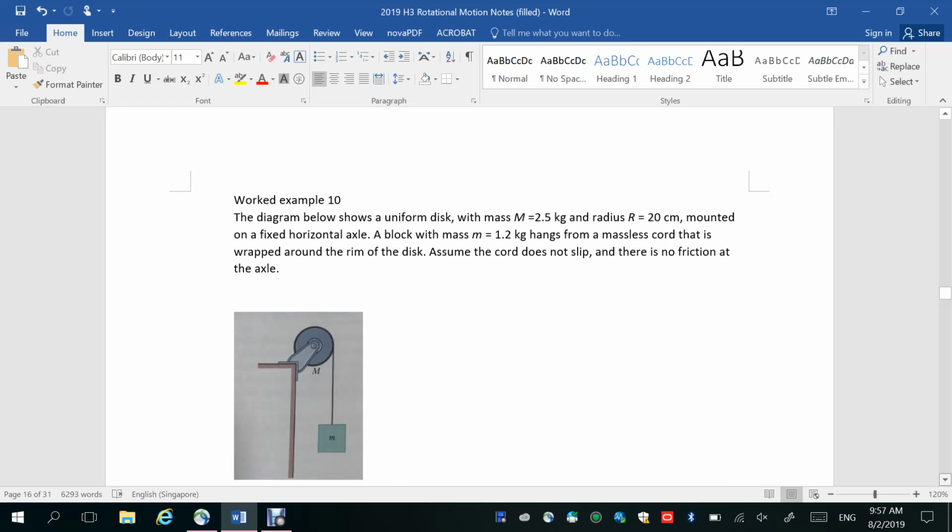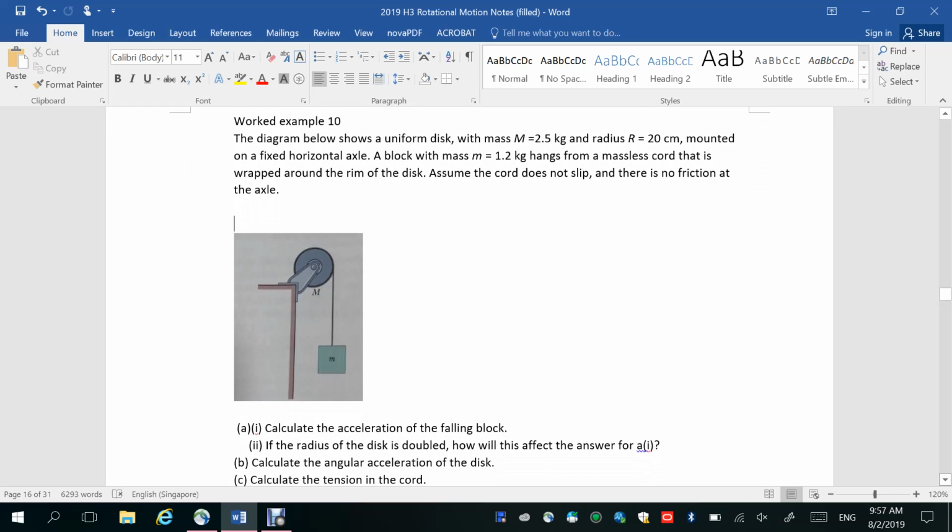So for this question, you can draw a free body diagram like what you have done in H2 physics. But the only thing different here is there is a disc, so I should also draw a free body diagram for the disc. When you draw the free body diagram for the disc, you should form an equation for Newton's second law for rotation. That means you'll be looking at the torque, the moment of inertia, and the angular acceleration.